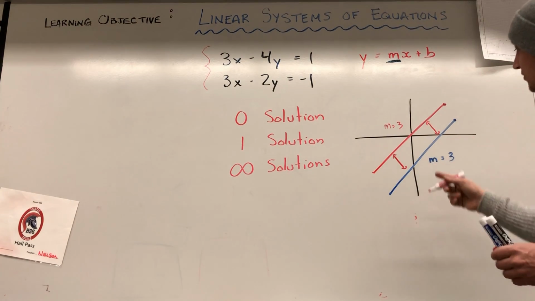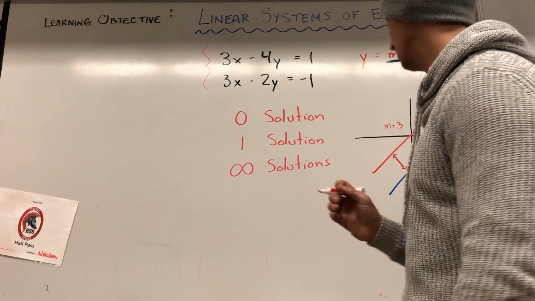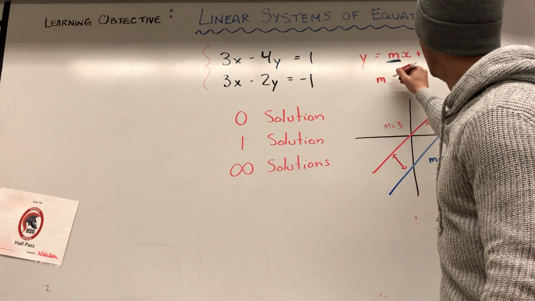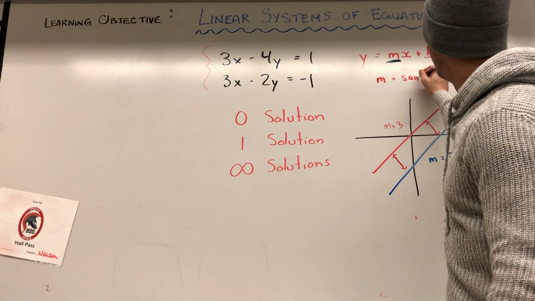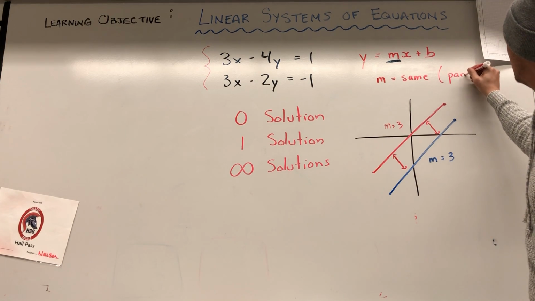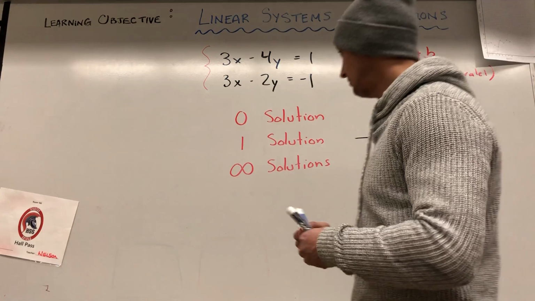I will never get an intersection in these lines, which means that I will never have a solution. So when the slopes are the same for the two equations, that means they're parallel lines, and therefore I will never be able to find a solution.